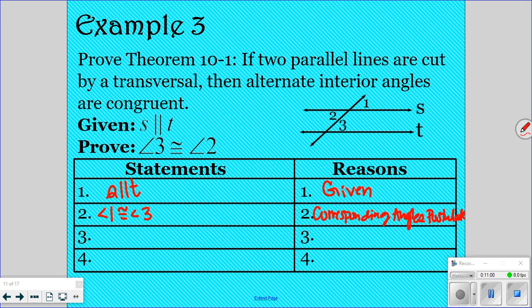So that would be your reasoning for that one. We also know that angle 1 and angle 2 are congruent. How do we know that angle 1 is congruent to angle 2? That's from the vertical angles theorem.